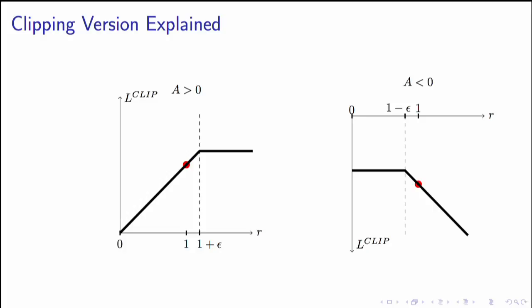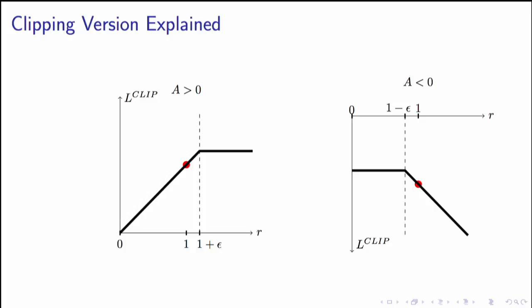That's what the clipping does. We basically remove the incentive to drive the probability ratios too far away from 1.